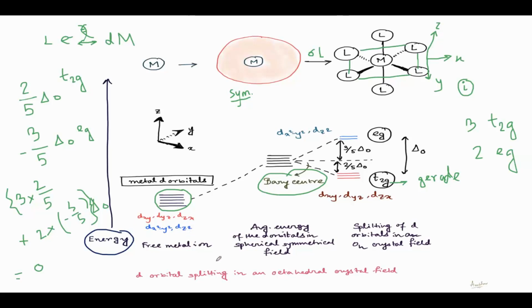Now this delta O, or the crystal field splitting energy, is a unique thing, which is solely produced by the ligand and the charge on the metal ion. Depending upon the nature of the metal and the nature of the ligand, the separation between the T2G and EG will be determined.